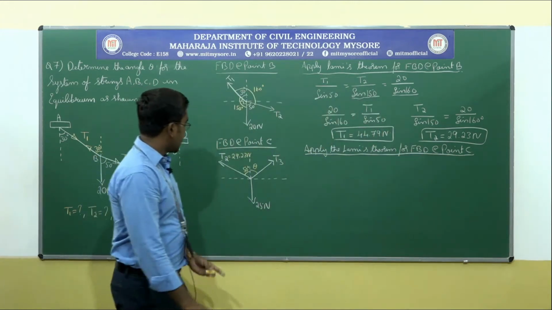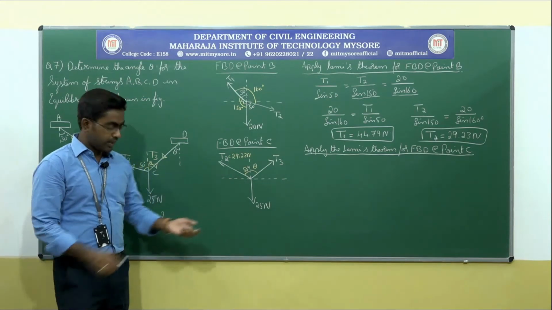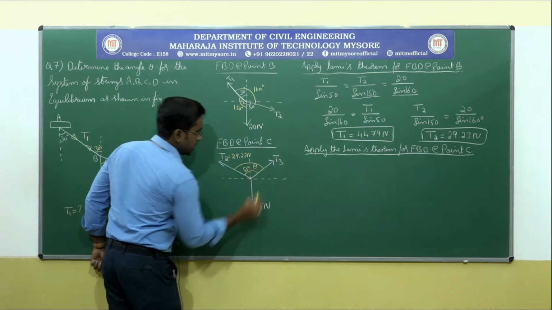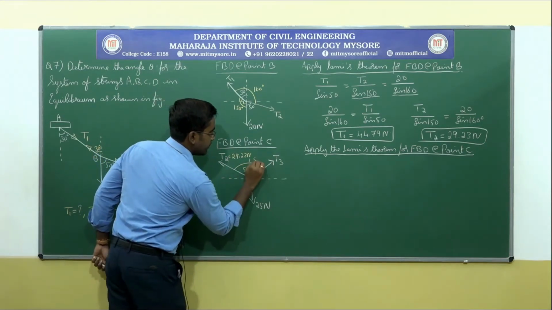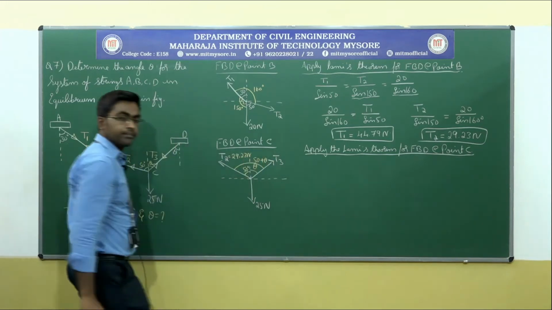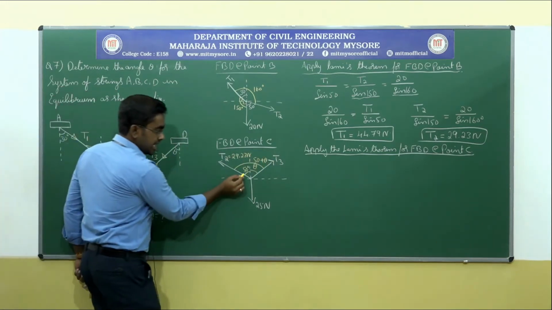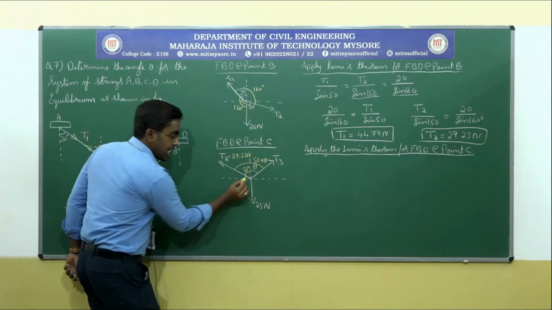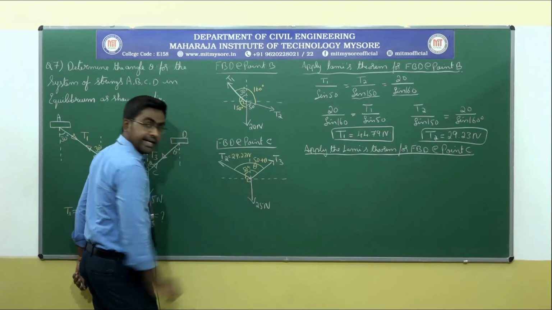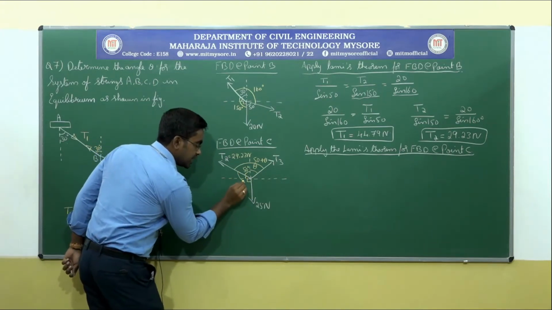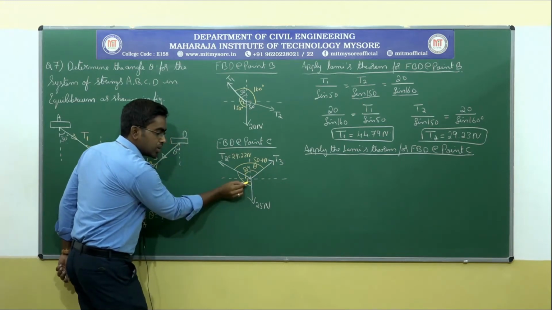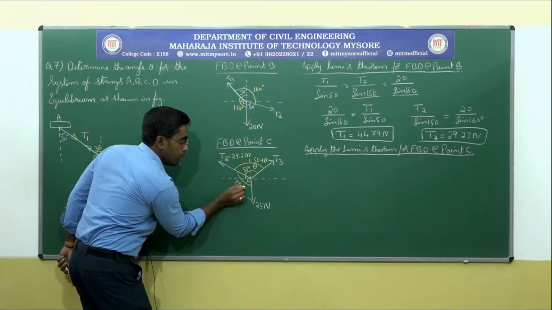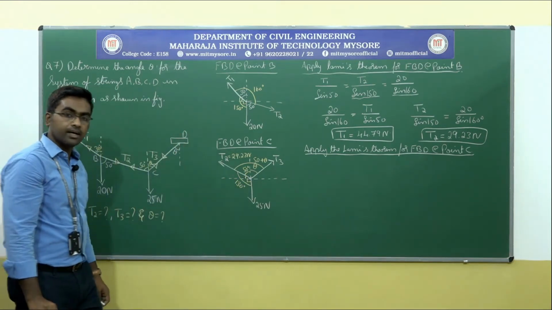Right? Now, let me write the angle between the forces. So this angle will be equal to 50 plus theta, right? If this is 50, this angle will be equal to 40, and this angle will be equal to 90. The overall angle between the two forces will be, so this is 90, this is 40, so this will be equal to 130 degrees, right?